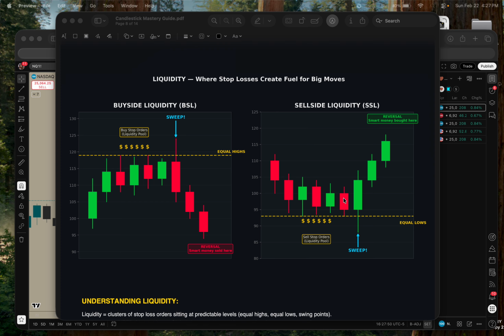Same thing on this side. Let's just say it's pre-market. This is 8:30 and prices are coming down, and maybe this is a London low. So pre-market comes, and pre-market doesn't even take out this London low, this yellow line at all.